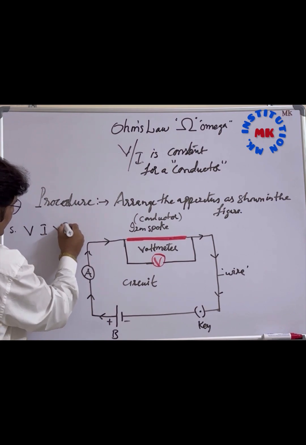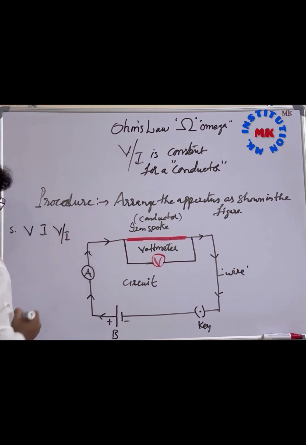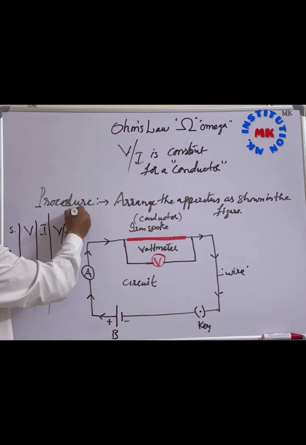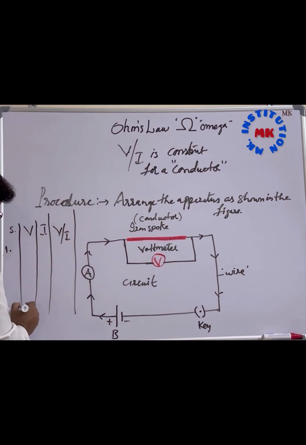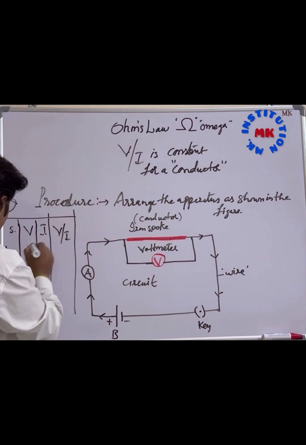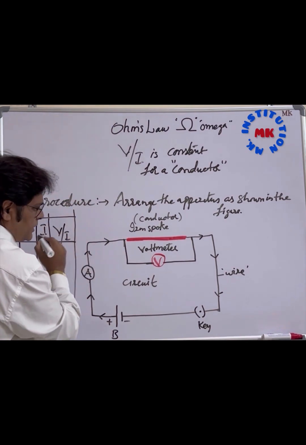What is the ratio? V by I. This carries 6 marks, so check it properly.